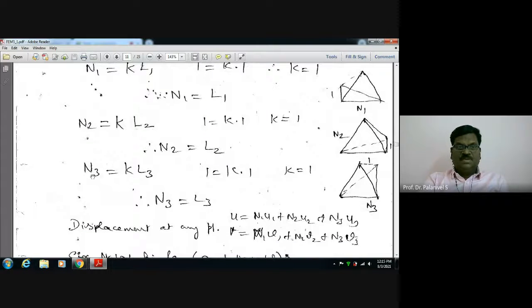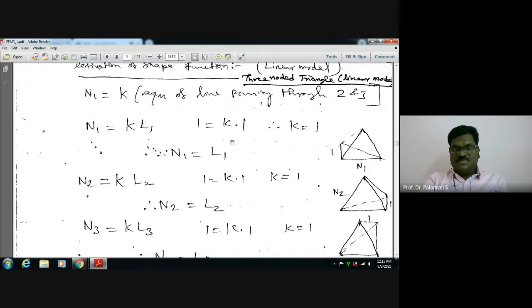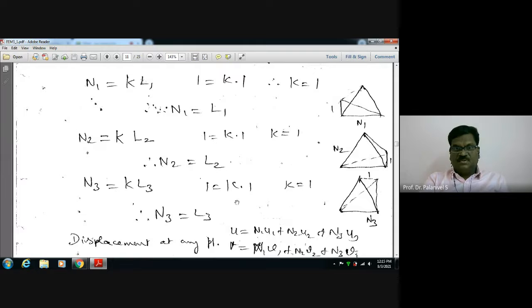N2 equal to K into L2, N3 equal to K into L3. As I told you, it is 100% similar to this one. So N2 equal to L2, N3 equal to L3. Here at node 2, N2 has unit value and the other nodes' value is 0.